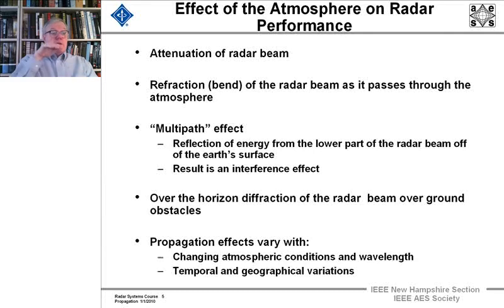The lower part of the beam can reflect off the Earth in a relatively straightforward manner, specifically if you're, say, over the ocean and it's relatively calm. And the effect is that there will be an interference between that main beam and the reflected beam. And that effect is called multipath, and we'll be studying that. It's an interference effect.